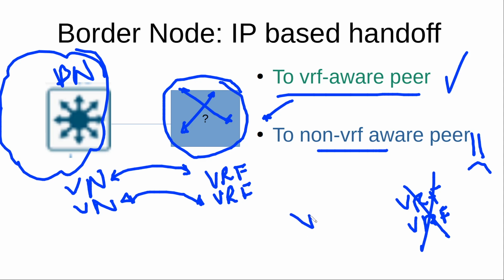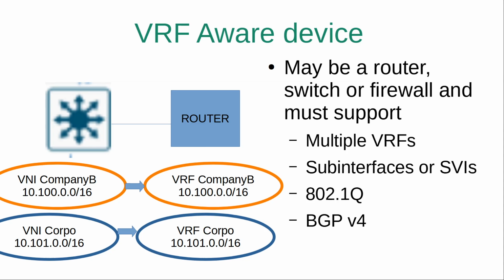So we will not be able to match virtual networks to VRF. So let's go to the first option. What happens if I am connecting my border node to a device that is VRF aware? In this case, we're going to use, for instance, BGP and .1Q for doing this magic.